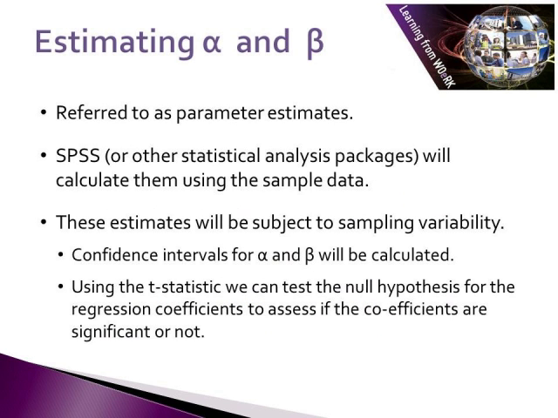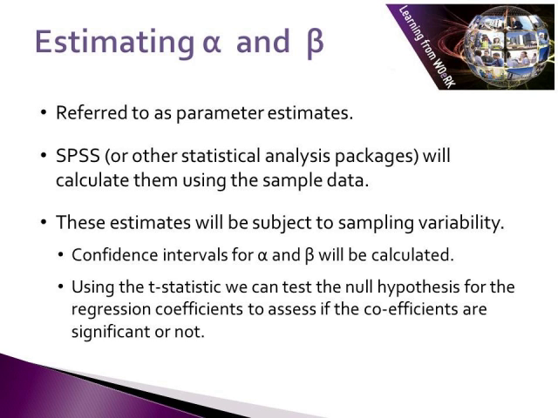Now, we don't know alpha and beta in our population, so we need to estimate them based on our sample data. If we remember back to a sample mean and calculating confidence intervals, we use those to assess the range of values in which the true population mean will fall.